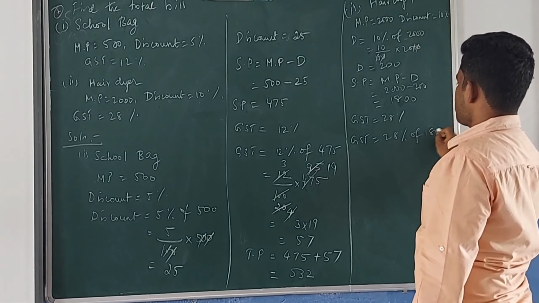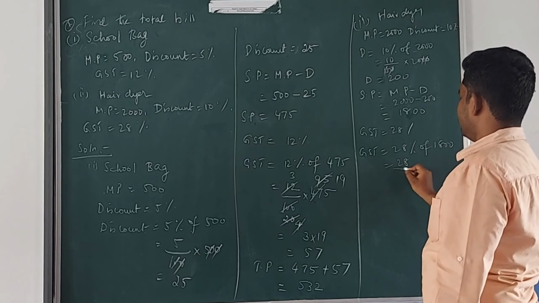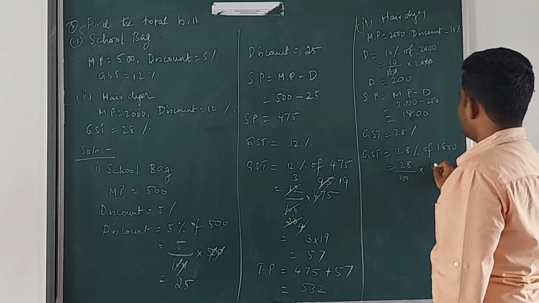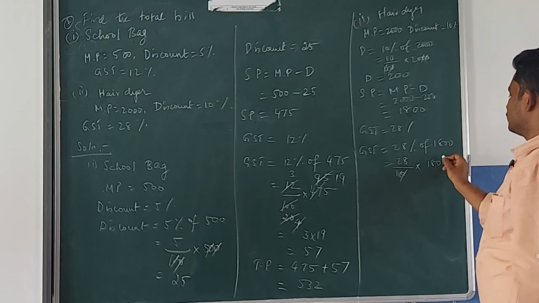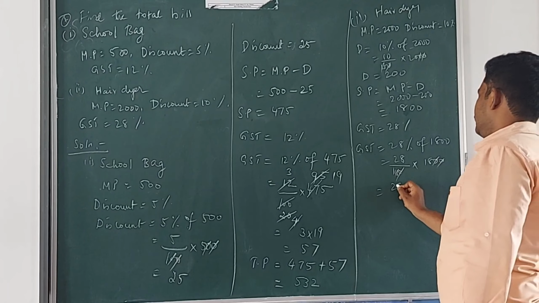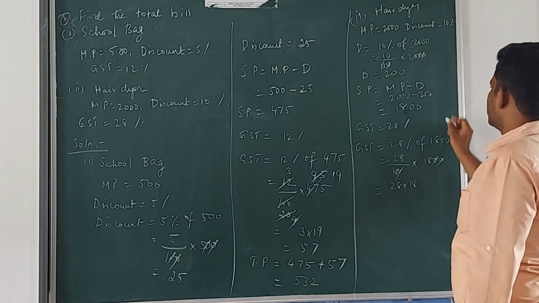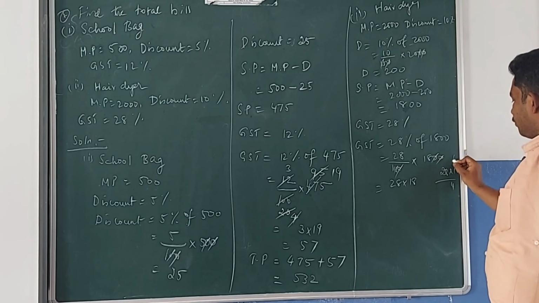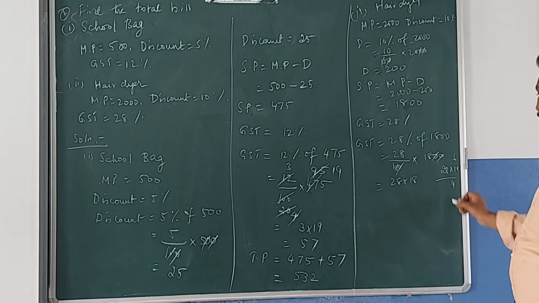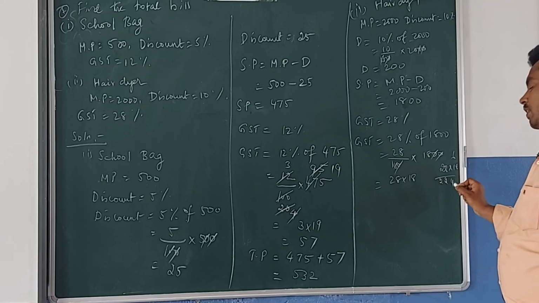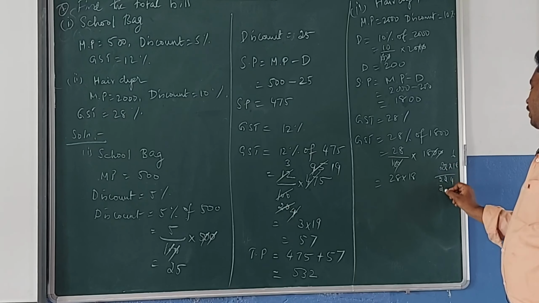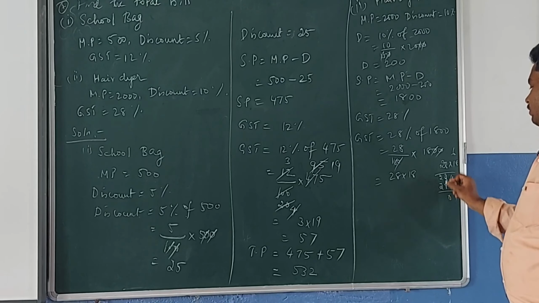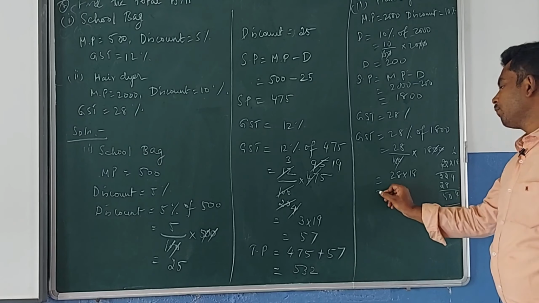Next, GST 28%. So find GST 28% for 1800. So 28 divided by 100 into 1800, cancel, 28 into 18. So 28 into 18, 8 8s are 64, 8 2s are 16, 16 plus 6, 22, 504.